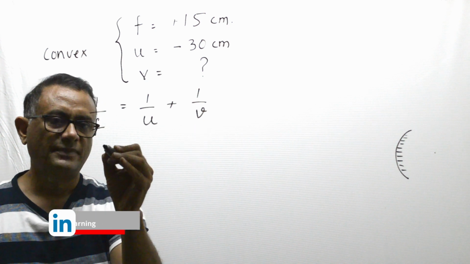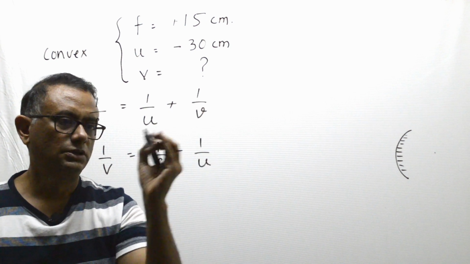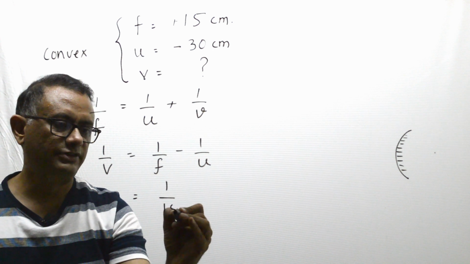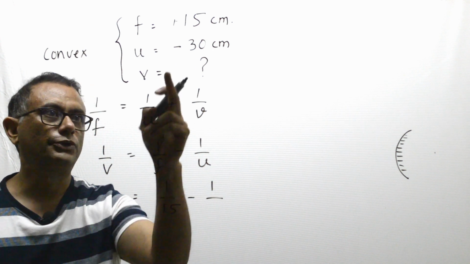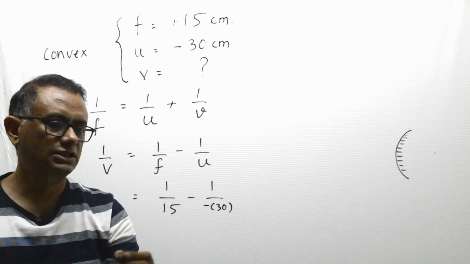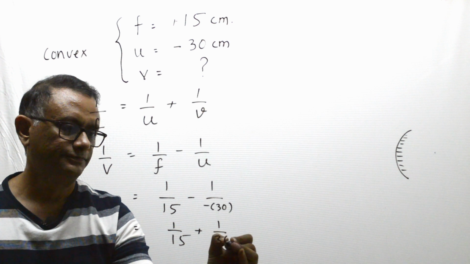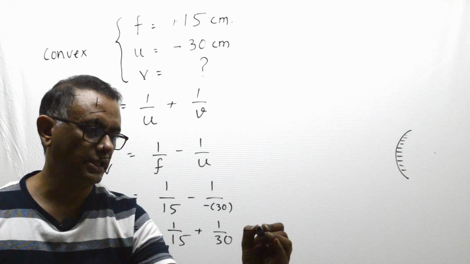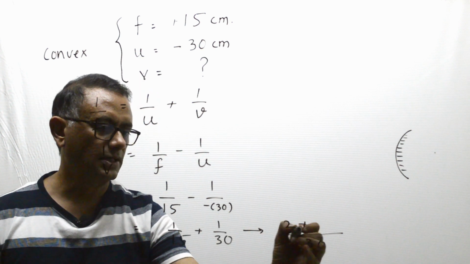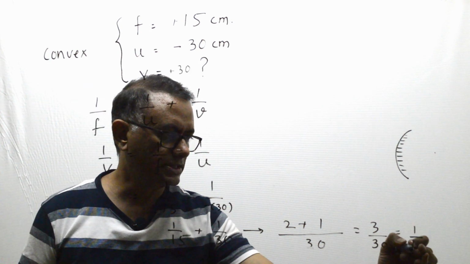We have to find V. We say 1 by V is equal to 1 by F minus 1 by U, and we take the value of F. Now it is plus, so this is 1 by 15 minus 1 by U. U is again minus 30, so this is going to become 1 by 15 plus 1 by 30, and this is going to be, if you take the LCM as 30, 2 plus 1, 3 by 30, which is going to be equal to 1 by 10.